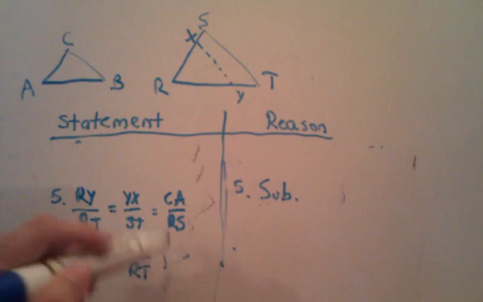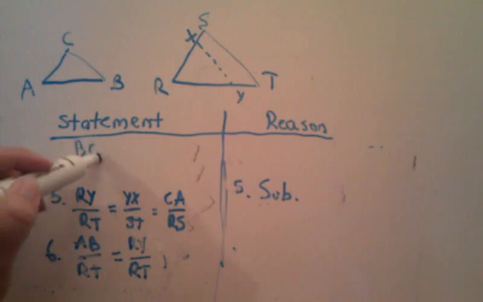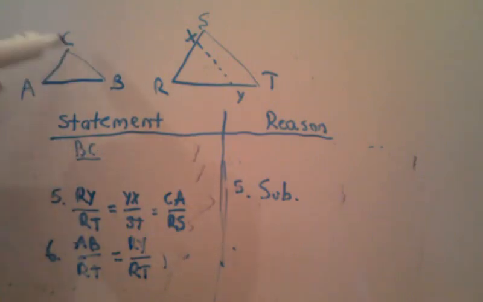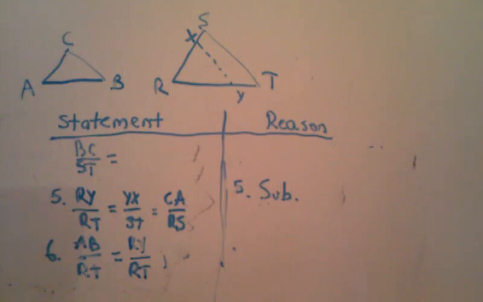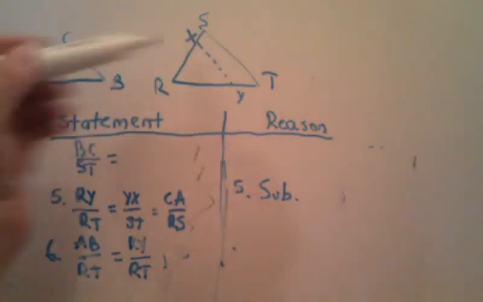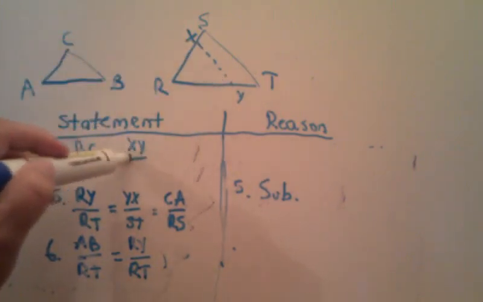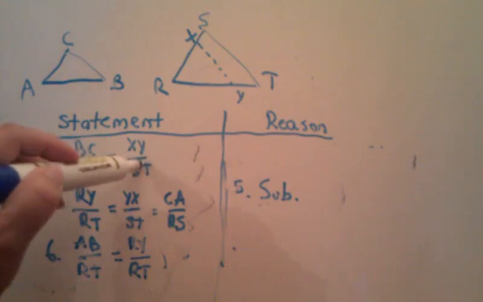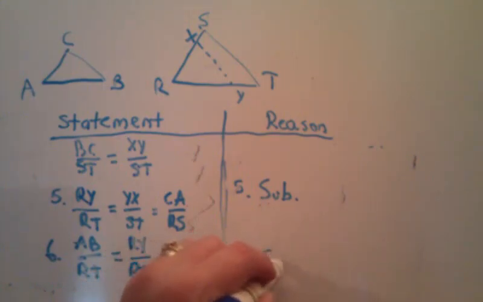And it says BC is to ST as, okay. BC is to ST. Instead of BC, we're going to put the XY in there because remember we said that those were equal. As XY is to ST. And again, this was substitution.